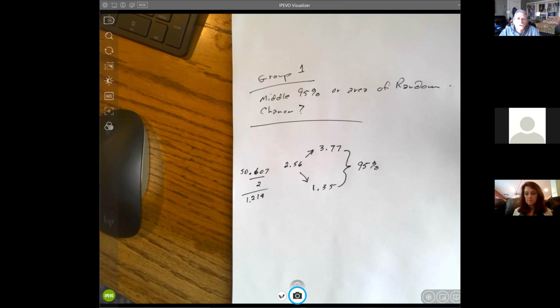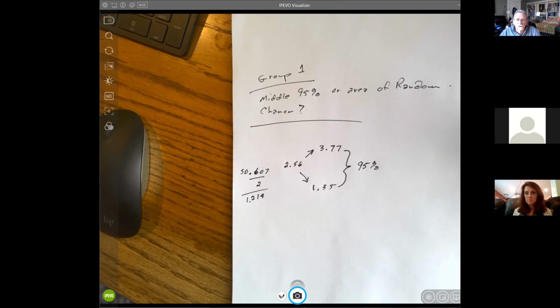And if it was the middle 68%, that would be 1 standard deviation down, 1 standard deviation up. Now, that is different from minimums and maximums.